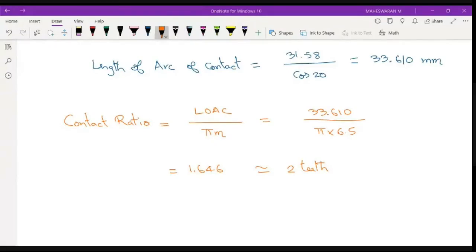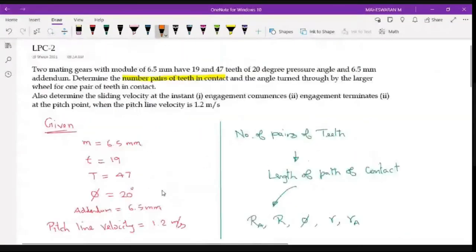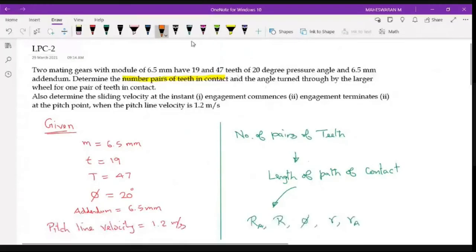Yes, sir. What is the next thing you have to identify? The next step is you have to identify the angle turned. What is the angle turned by the gear? So angle turned, that is what they are asking. Angle turned by the larger gear for one tooth.